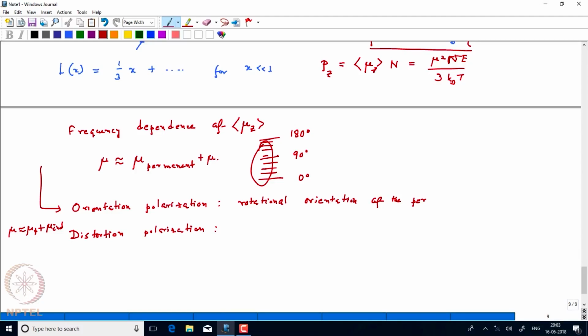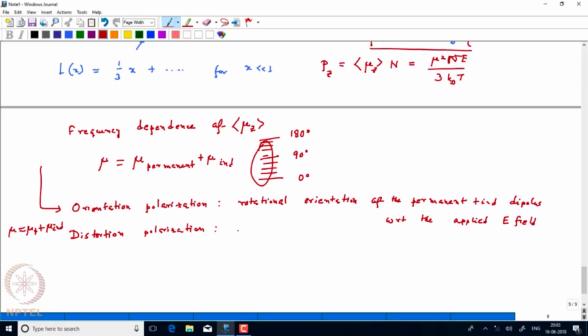I should always write it as permanent plus induced. Then it's basically orientation of the permanent plus induced dipoles with respect to the applied electric field.